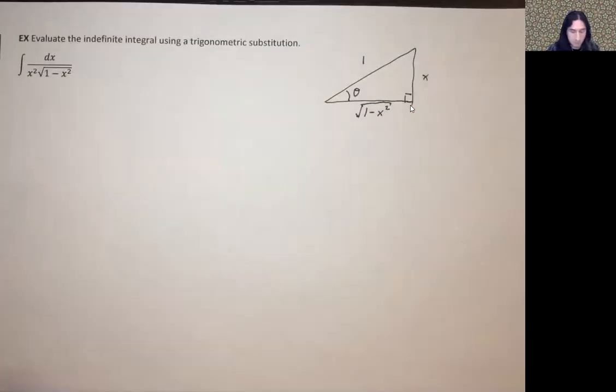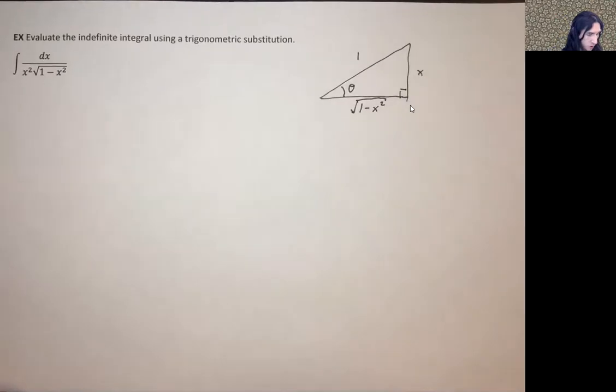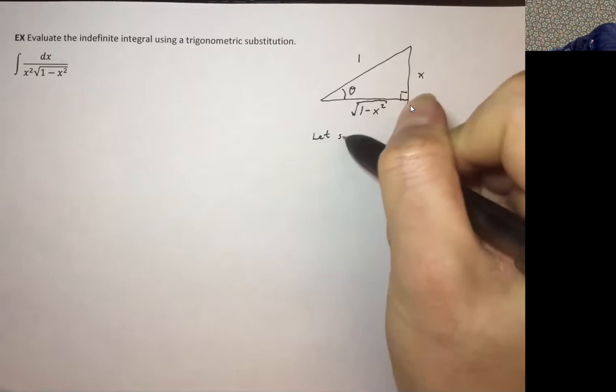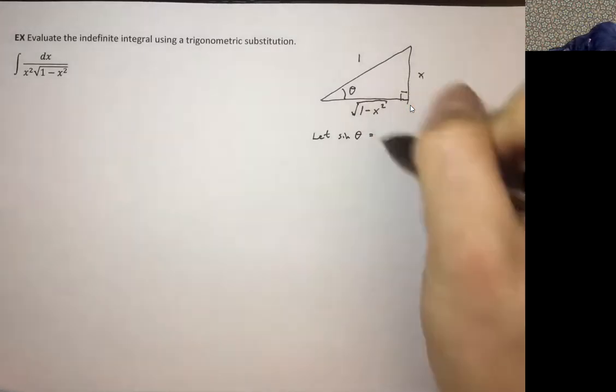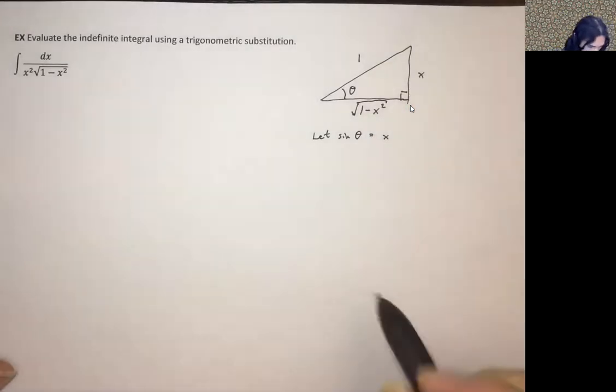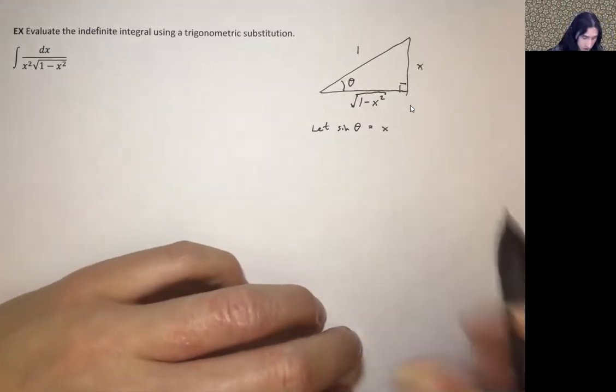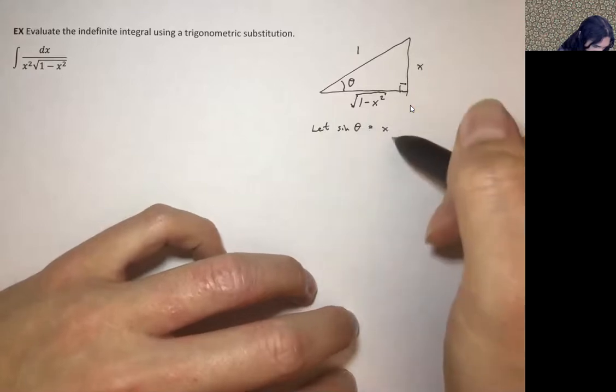So looking at our triangle right here, what I'm actually saying is to let sine theta equal my x right here. And therefore, if I try to make a du type of substitution, I will need to take the derivative of this.